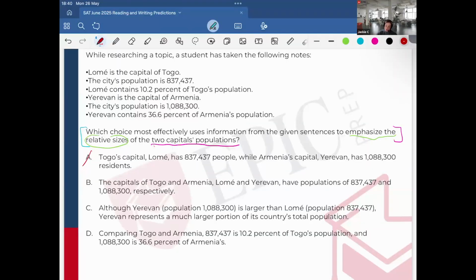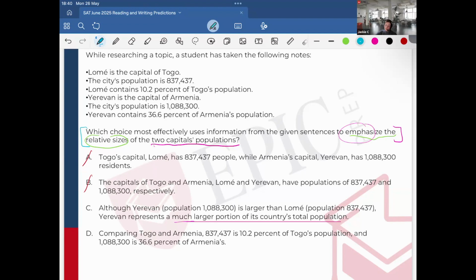Seems to be factually okay. But again, it's just not emphasizing the relative sizes. So C, although Yerevan's population is larger than Lomé's population, Yerevan represents a much larger portion of its country's total population. So you see how this extra step is actually putting an emphasis on the relative sizes.